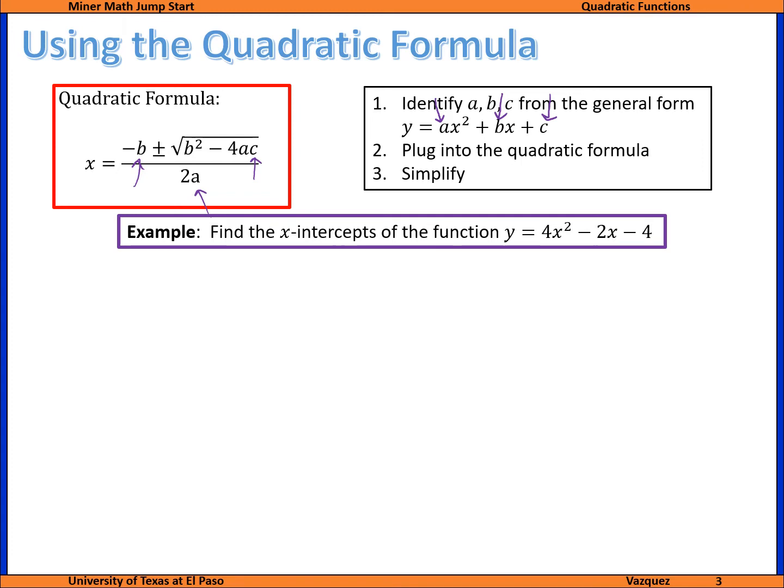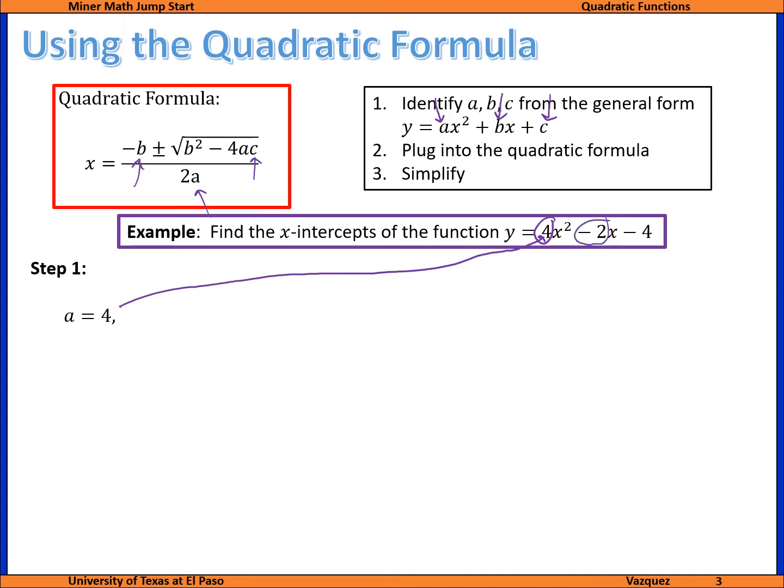So once again, let's go step by step. We know A is 4. Where are we getting that 4 from? That 4, remember, is coming from the number in front of x squared right here. So this is A. B, as you can guess, won't just be 2. It'll be negative 2.